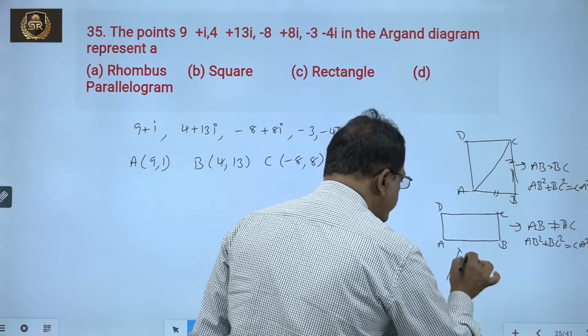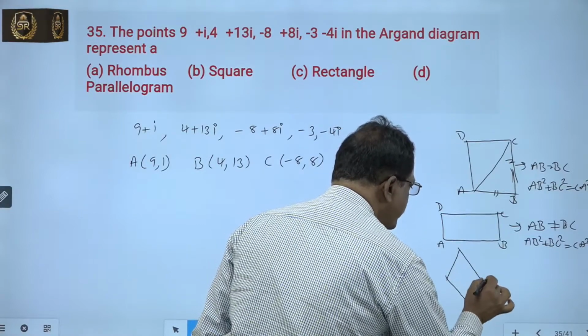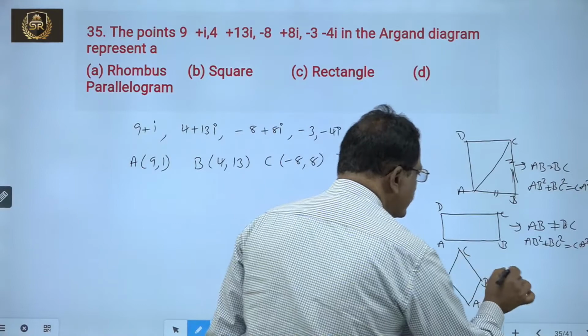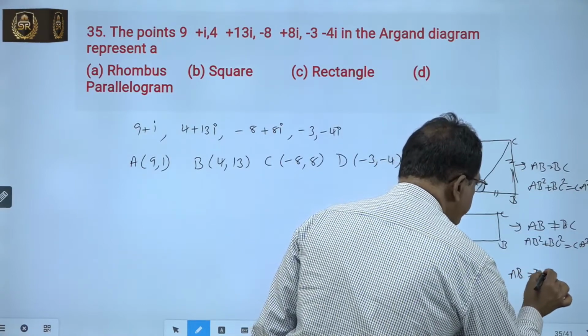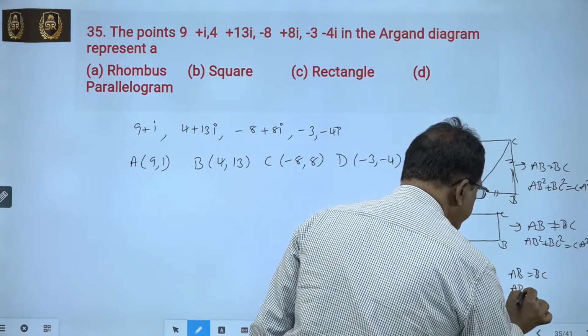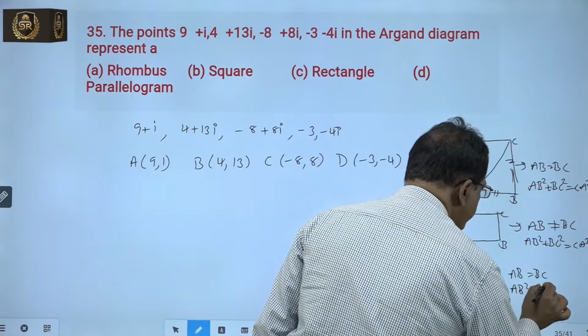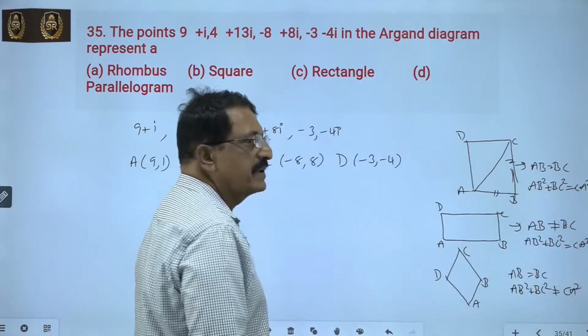Next, rhombus. If ABCD is a rhombus, then sides are equal, AB equals BC, and AB square plus BC square not equals CA square, not the right angle property.